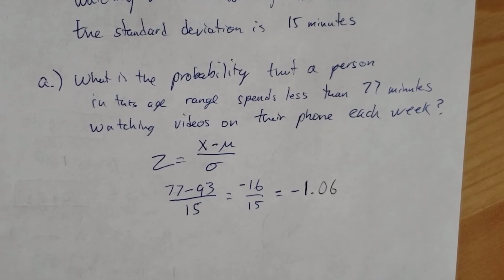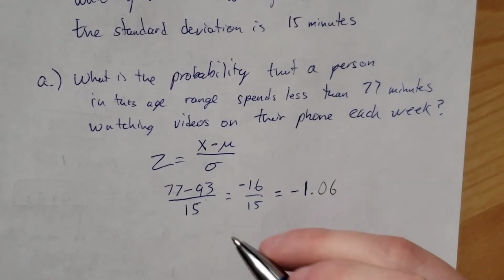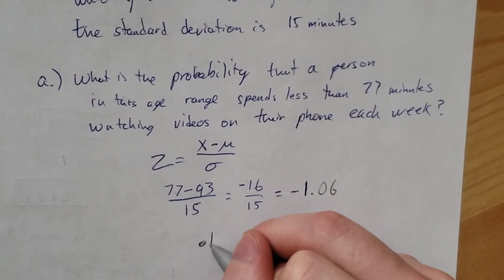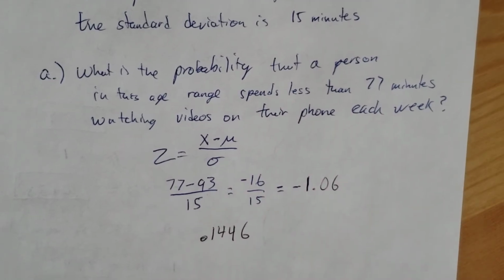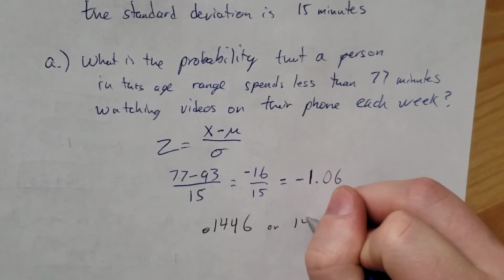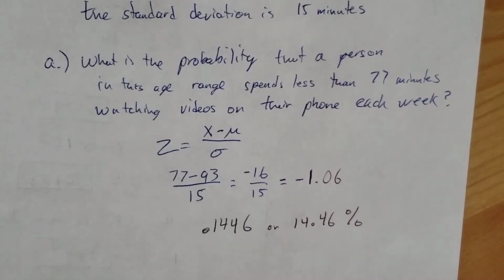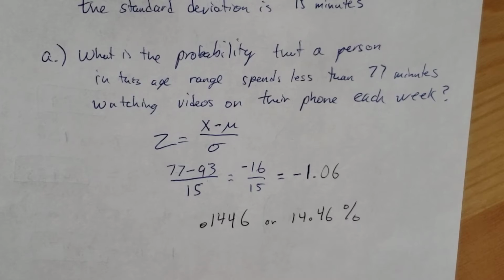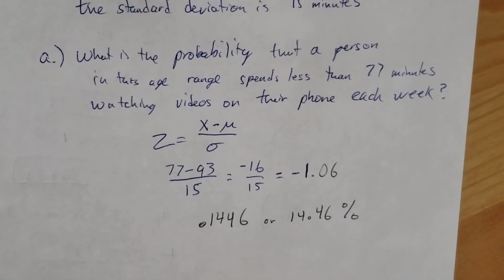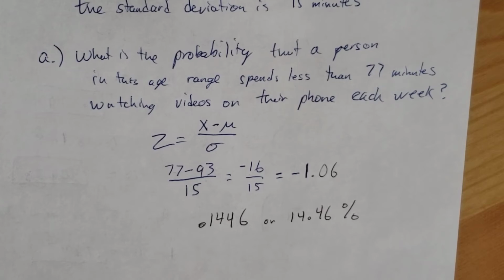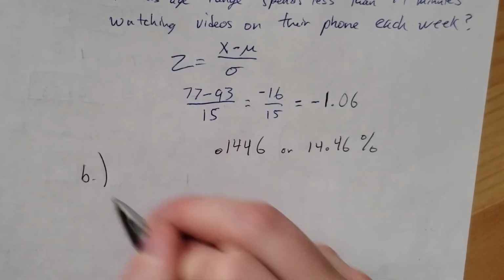That says 0.1446, or 14.46%. So what does that mean? That means 14.46% of the people in that age range, 18 to 34, spend less than 77 minutes watching videos on their phone each week.